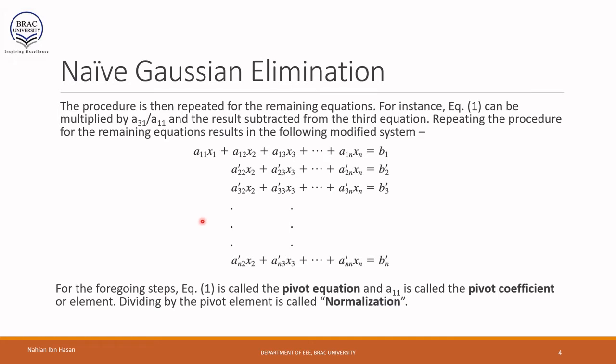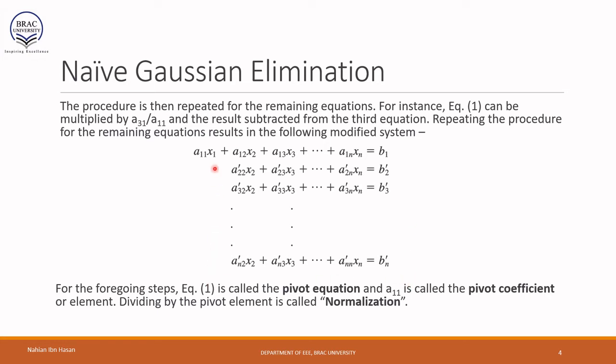That means a11 will be cancelled out, only the a31 terms remain, and then we subtract the first equation from the third equation and we get a new version of the third equation. So we multiply the first equation by these first terms, and we get a modified version of the original coefficient matrix.